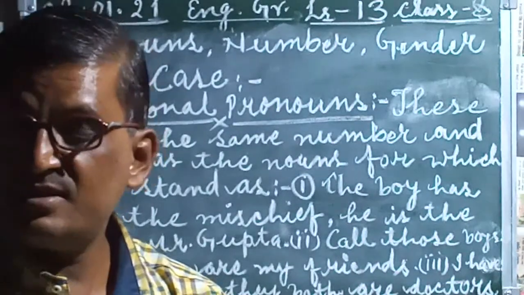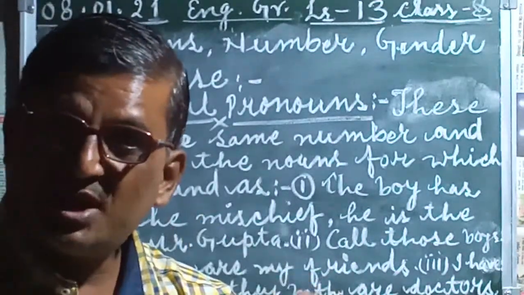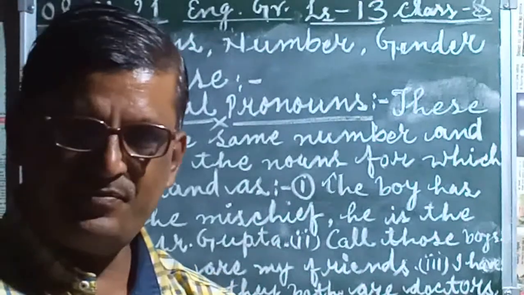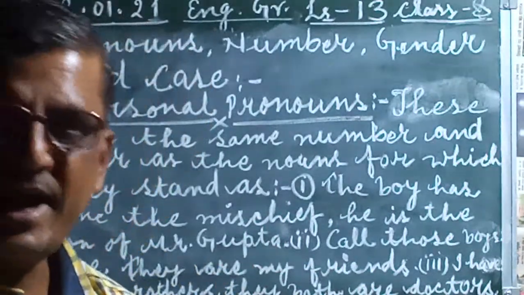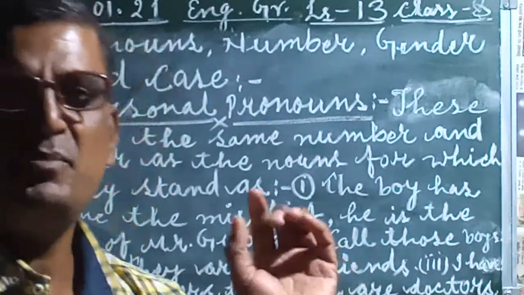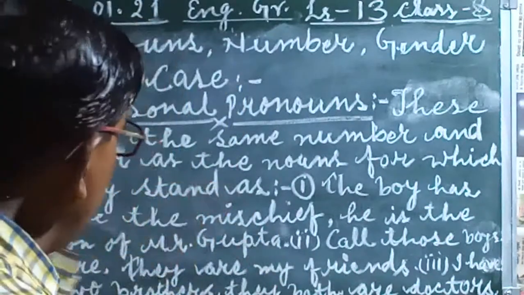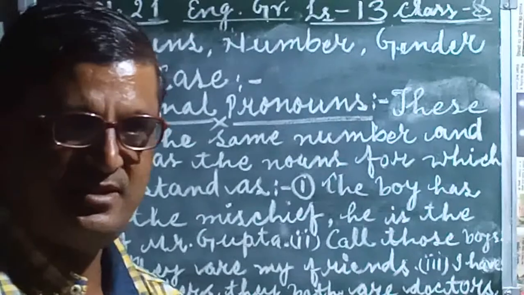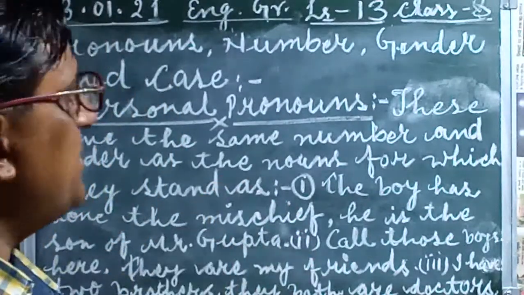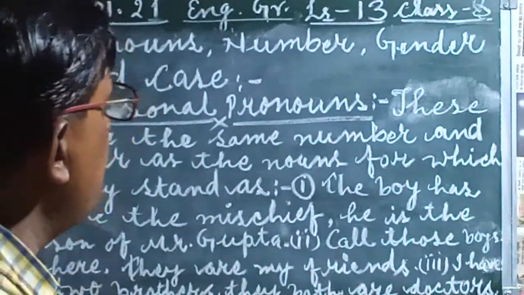Means the pronouns which are used in a sentence have the same number and gender as the nouns which are used in the sentence. With the help of examples you will be able to understand.